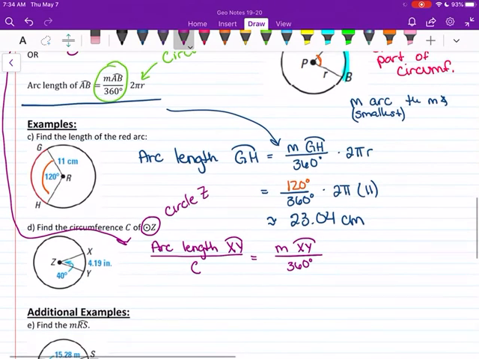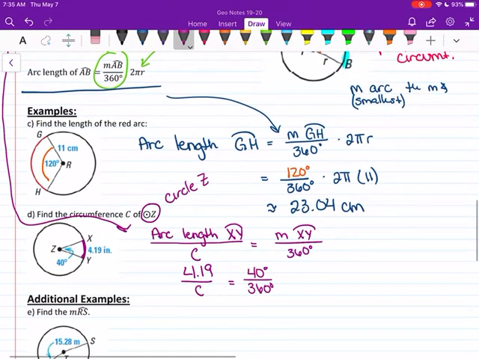So let's go through and fill in the pieces. My arc length, that distance around just the part of the circle, is 4.19. I don't know what C is, that's what I'm looking for. And the measure of the angle of that arc is 40 degrees. So I have 40 degrees over 360 degrees. When I go ahead and solve this, I can reduce that fraction: 40 divided by 360 is 1/9.